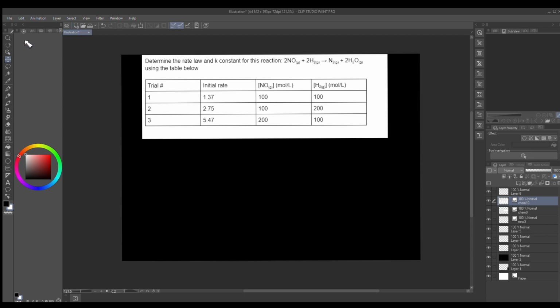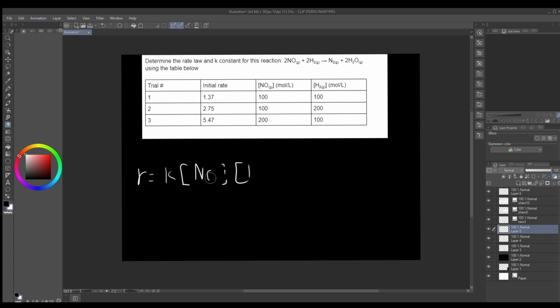Rate law is a pretty interesting topic. So rate law can be written with the equation R, which stands for rate, equals K, which is the rate constant, and then we have concentration of NO. Oh shoot, sorry.